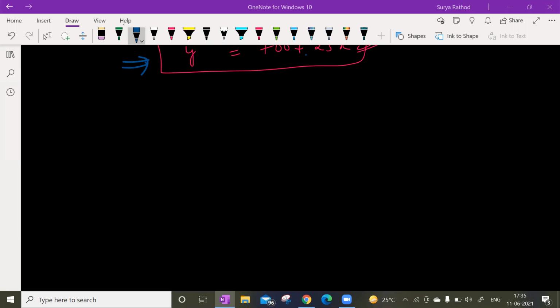Sir, for revision, I have a doubt in the same chapter, about congruent triangles. Yes, you can ask. There's a diagram. Should I just WhatsApp it?